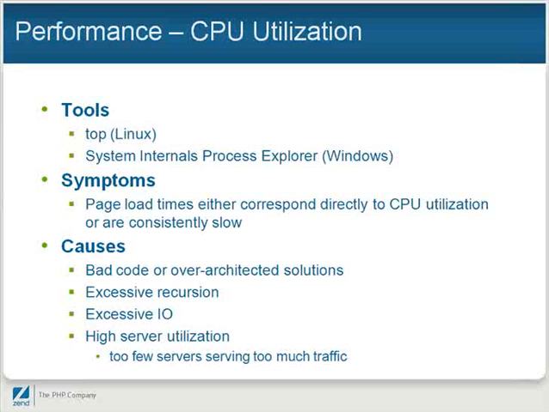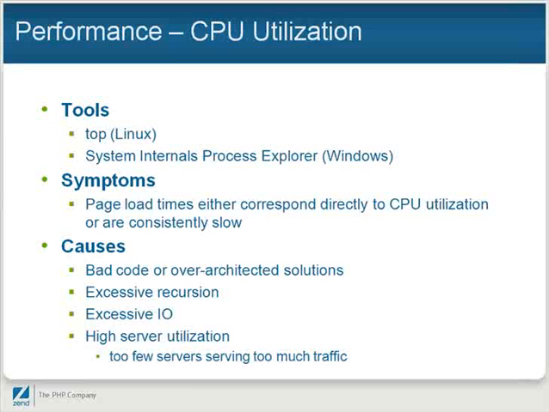And so you've got to get through all those levels of recursion before your functionality is actually done, and because of all that, you have increased CPU utilization. So that's something to at least be aware of when you're architecting your solutions, that recursion can impact that pretty significantly. Another one that you might be a little bit surprised to see here is excessive I/O. The reason you'd be surprised is because CPU and I/O are two completely different things.